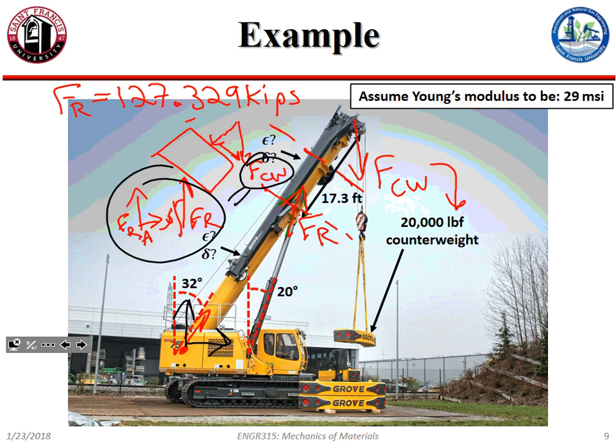But for up here, because we know that these two sides must be the same in order for this element to be in static equilibrium, we can just find what the right side of the equation is.